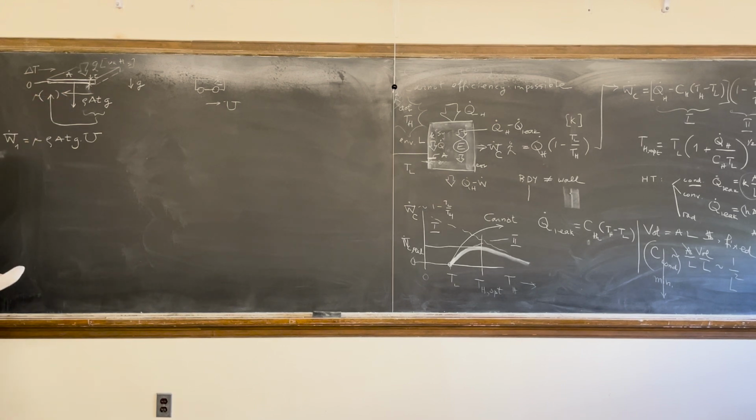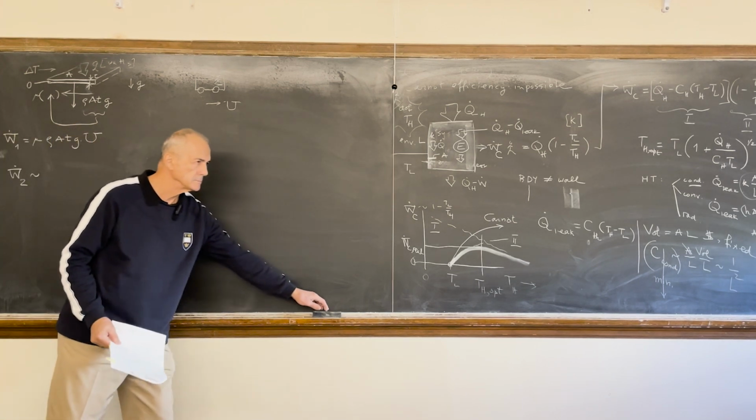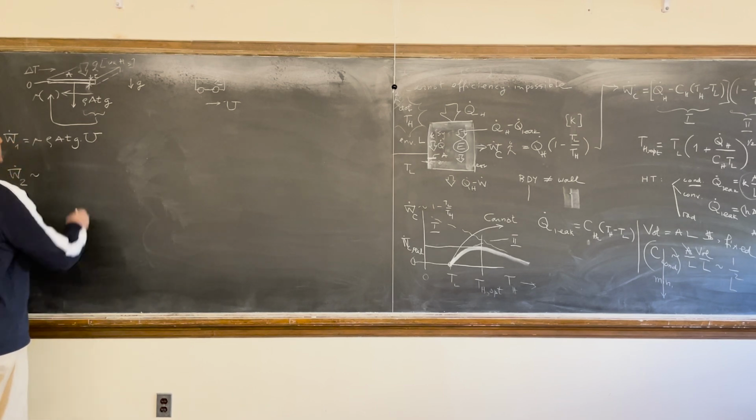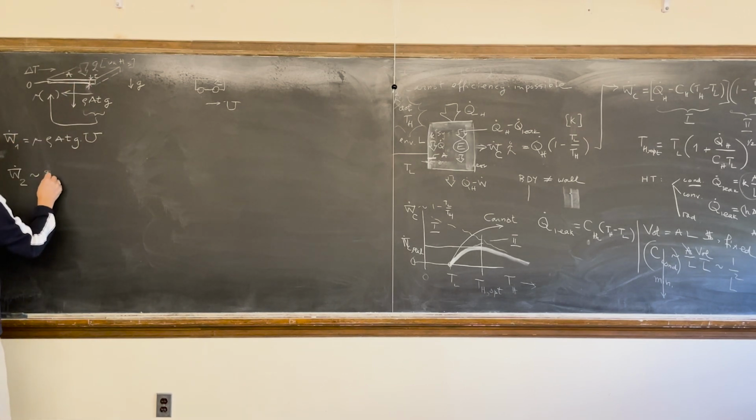And we already know that the other penalty is, I'm not sure whether this is the equal sign, but I'll put it this way. The through and across means this is the through, and the across is delta T.